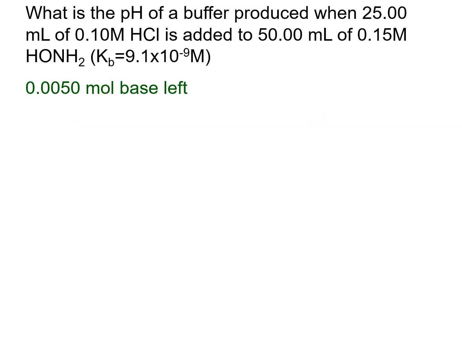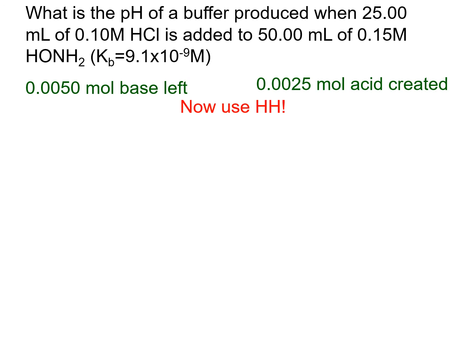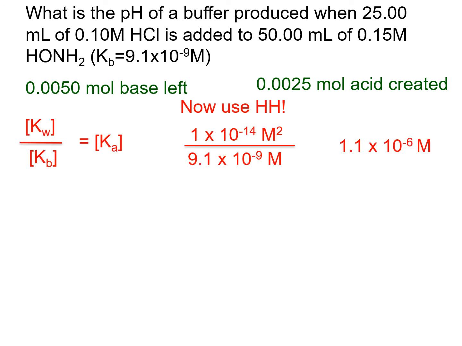Once I have my moles of base and acid, I can use my Kb and try to get to Henderson-Hasselbalch. Since Henderson-Hasselbalch uses pKa, I'm going to need to turn my Kb into a Ka. I cannot use Kb in Henderson-Hasselbalch.